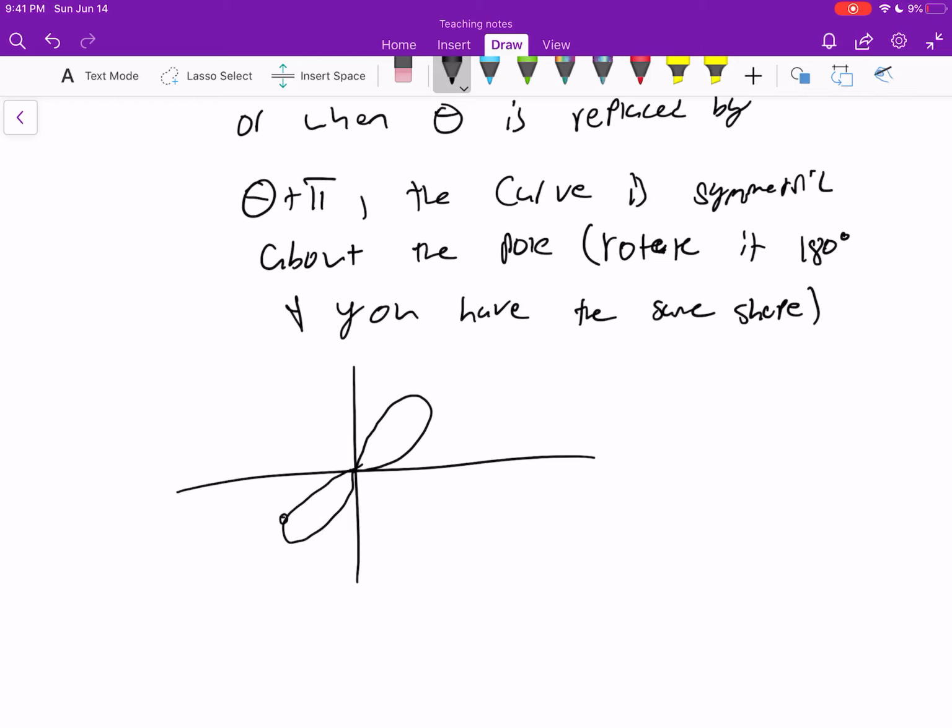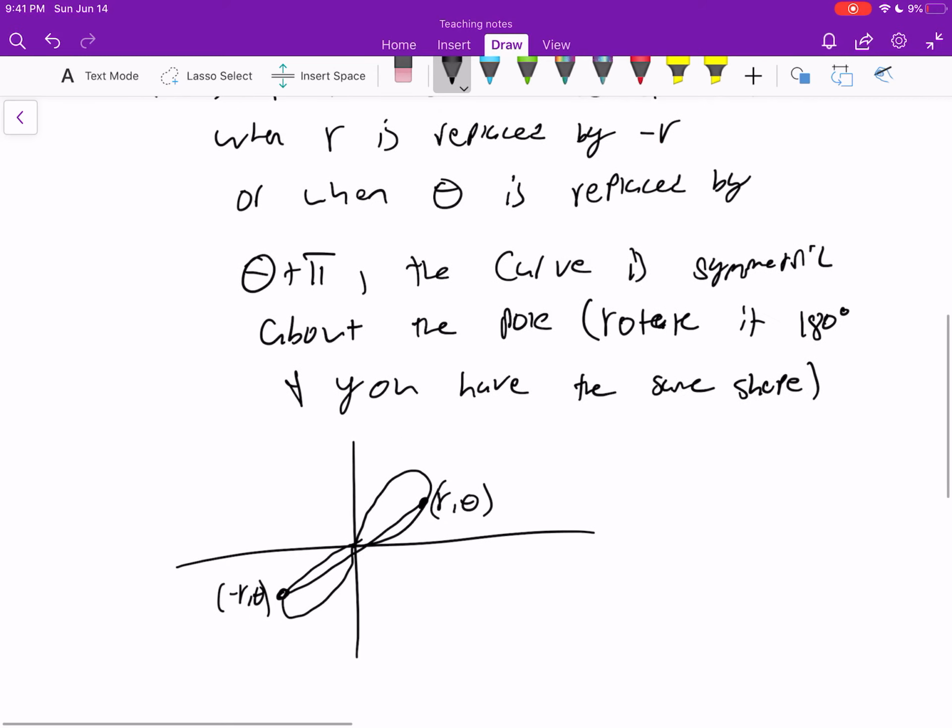So the idea is, if I look at these 2 points, so this is negative r theta and r theta. So what this means is, if you do either of these replacement rules, you can draw half the curve and then just reflect it across, you know, the other half that you haven't drawn, to figure out what it looks like there.